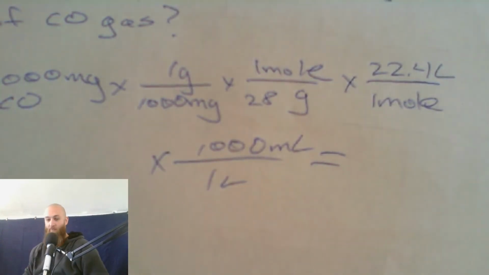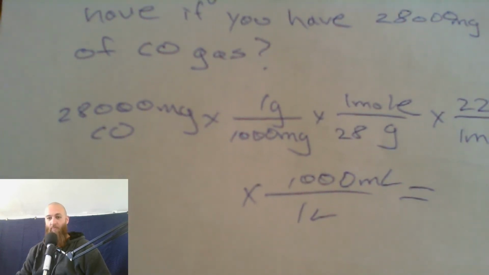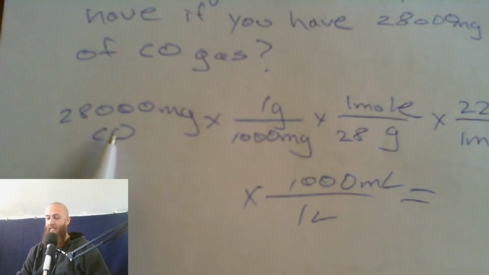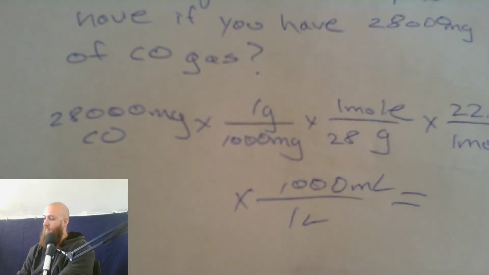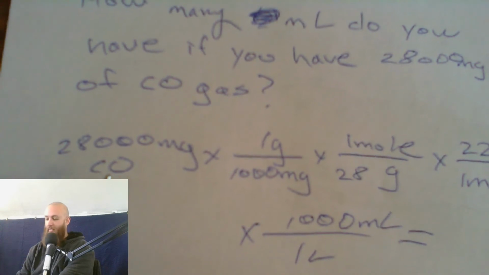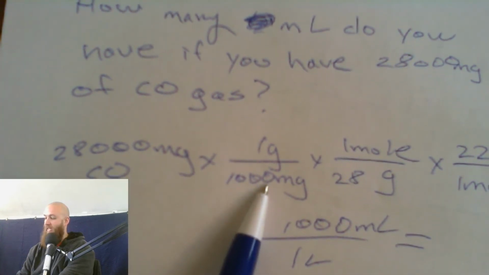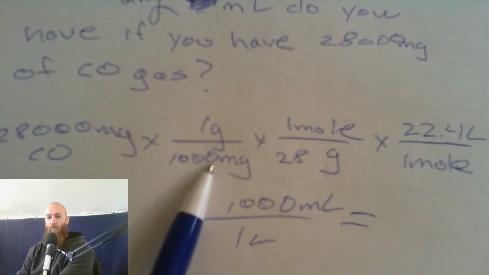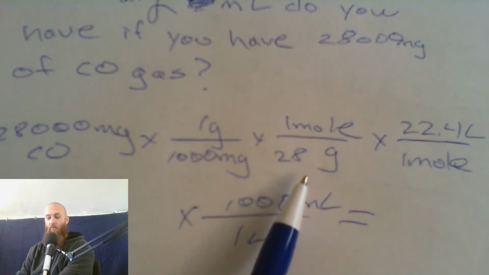Okay? Now, I chose this question very carefully, and I thought this out because you don't even need a calculator for this one. You ready? 28,000. Actually, let's look at it this way. Sorry, I was stuck there for a second. 28,000 divided by 1,000 is 28. 28 divided by 28 is 1.